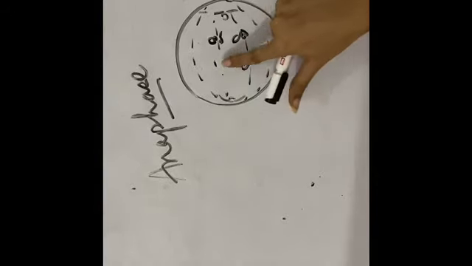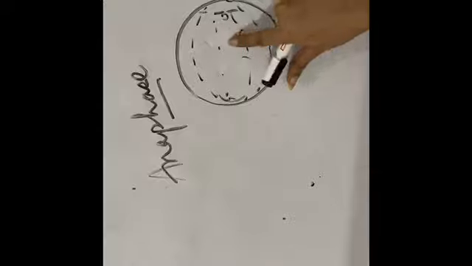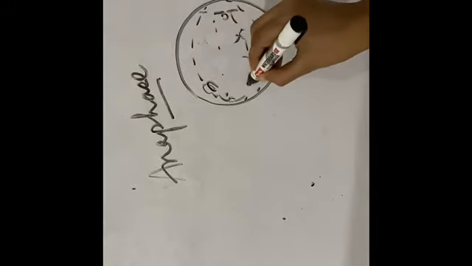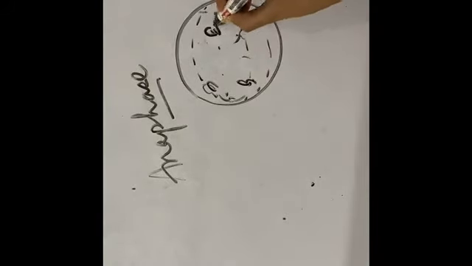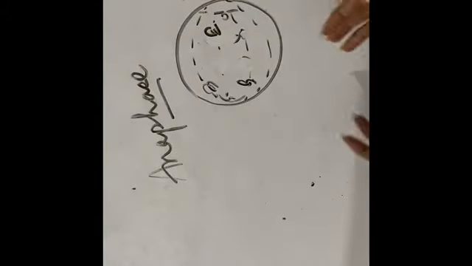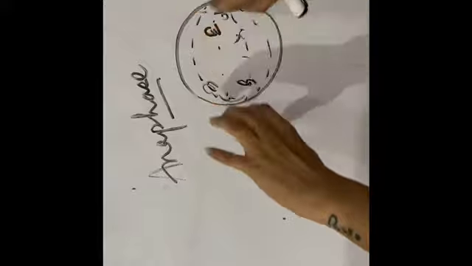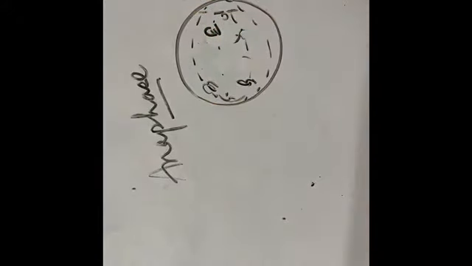And what will happen in late anaphase? In late anaphase, these chromosomes will reach the opposite poles. In early anaphase, they start moving towards the opposite poles, while in late anaphase, they reach the opposite poles. Now look at this, the nucleus has split into two, right?